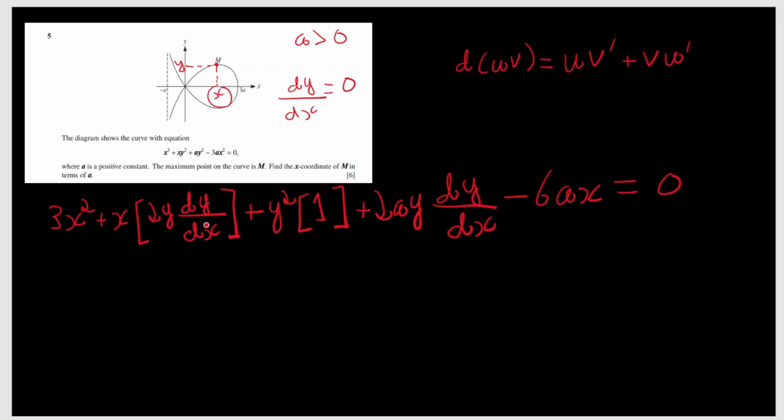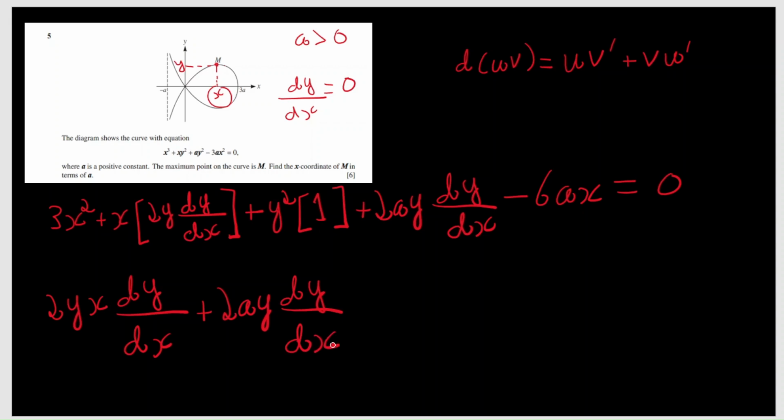Now we are going to take dy over dx common, but let me write it in a simplified way where the terms are closer together: 2xy dy over dx plus 2ay dy over dx plus 3x square plus y square minus 6ax is equal to 0.